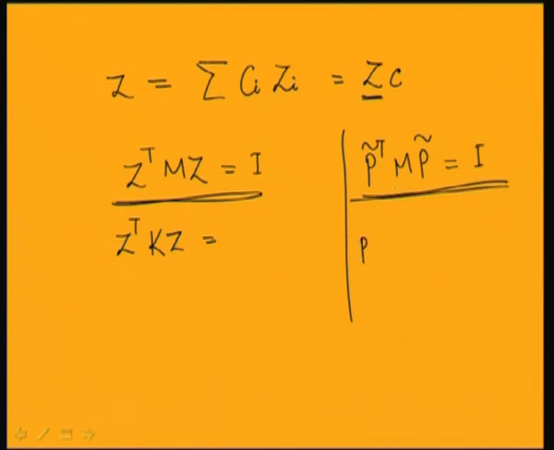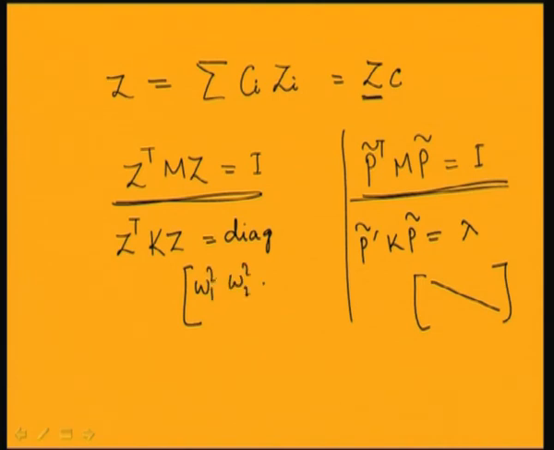If you recall, P weighted modal matrix transpose K P weighted modal matrix in the case of the discrete system was the lambda matrix, a diagonal matrix containing eigenvalues in the diagonals. So, here also we will obtain a diagonal matrix with omega 1 square, omega 2 square, up to omega n square in the diagonal.